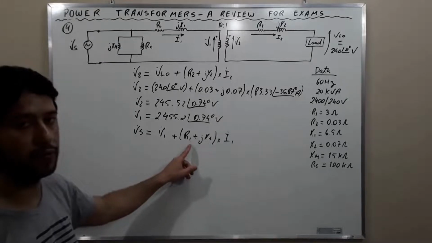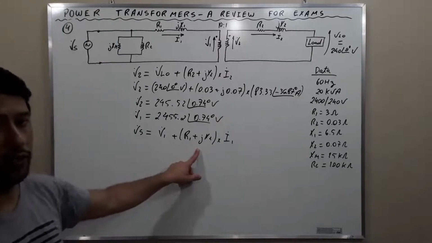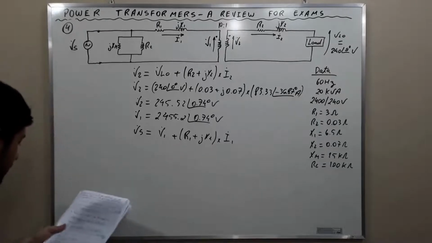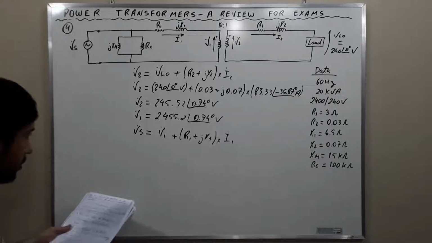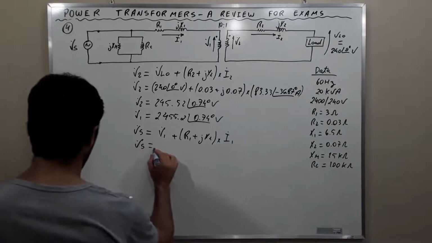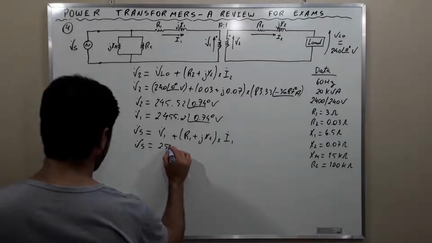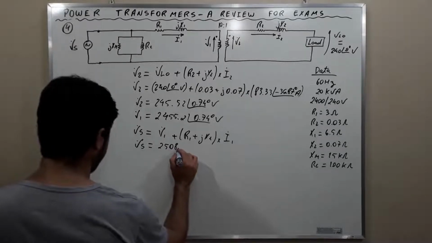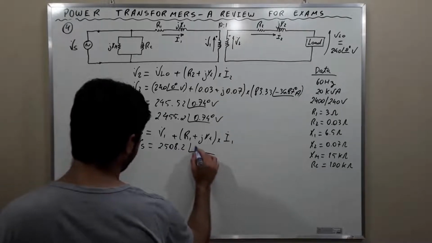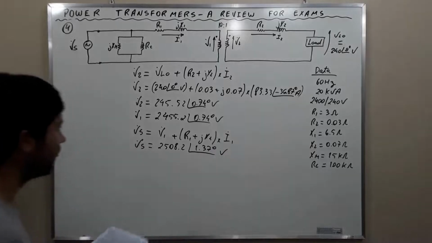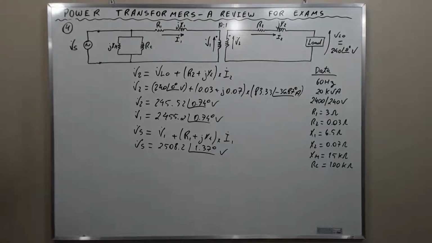Using the value of the impedance, the voltage, and the current, we find that Vs is equal to 2508.2 phase 1.37 degrees volts. Okay, this is the value of the voltage of the power supply.